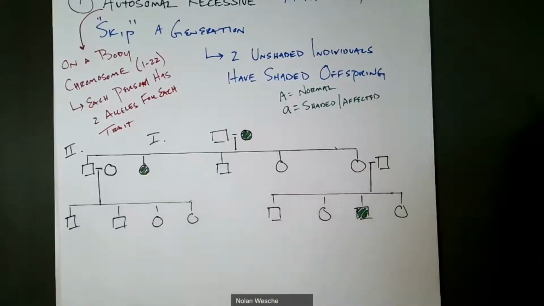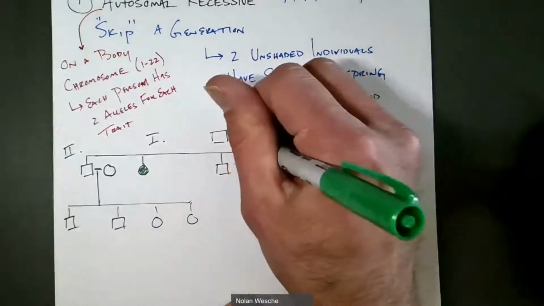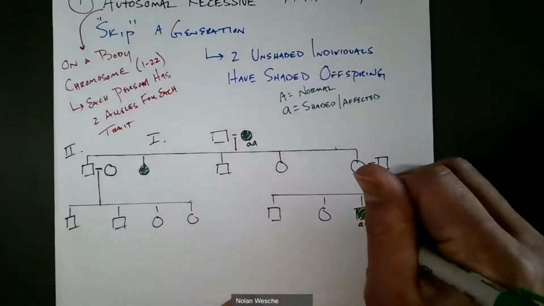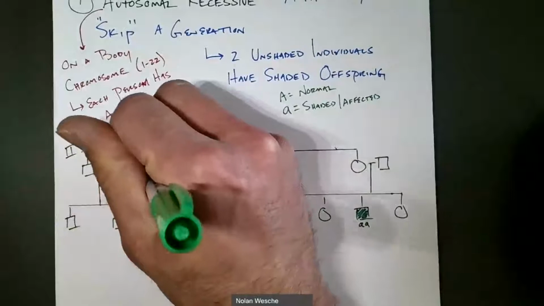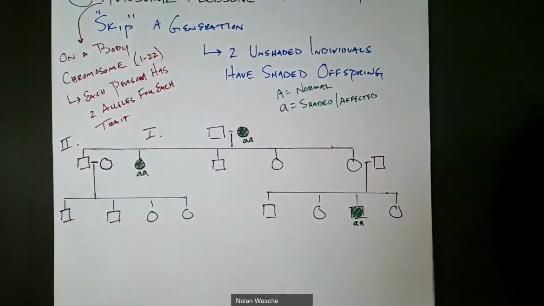Which means we're going to start with these shaded individuals, and we're going to assign all of them 2 lowercase letters that represent the 2 recessive alleles, like that. So that's the first thing we're doing.